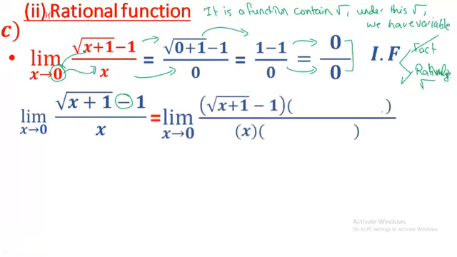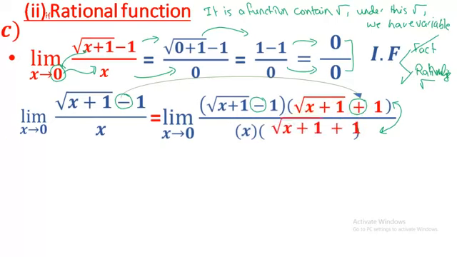And now we will have limit as x tends to 0 radical x plus 1 minus 1, and the conjugate of the numerator is radical x plus 1 plus 1, and we will multiply by the conjugate in the numerator and in the denominator. So in the denominator we will have x multiplied by radical x plus 1 plus 1.